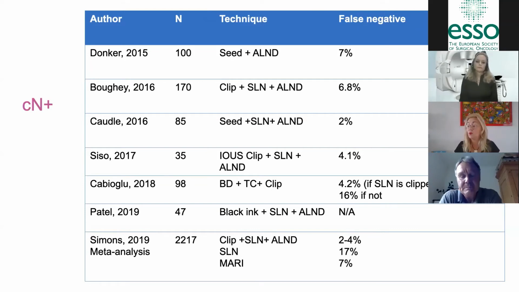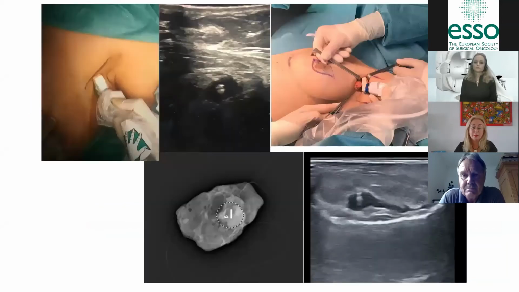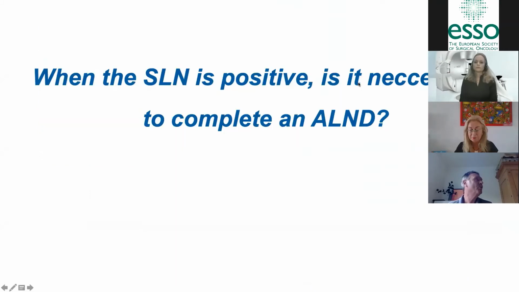Well, there are some groups and institutions, like the group from Memorial, that excise 3 sentinel lymph nodes and don't place a clip, and they also have a very good false negative rate. As I mentioned, we put a clip that you can see under the ultrasound, and we excise it with the intraoperative ultrasound. We have a very small probe that we can even put through the axilla.